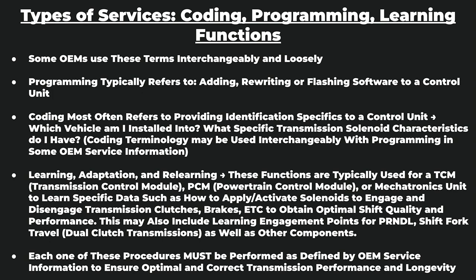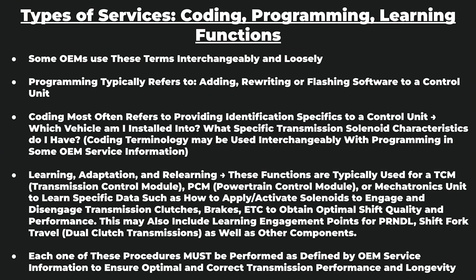In the general sense, again, I like to look at the coding conversation more as we are providing some sort of identification specifics to the control unit that's in charge of the transmission behavior. So that would be either the powertrain control module, if it's an ECM and TCM integrated into one, the transmission control unit, if it is a standalone, or a mechatronics unit, which is still effectively a transmission control unit.